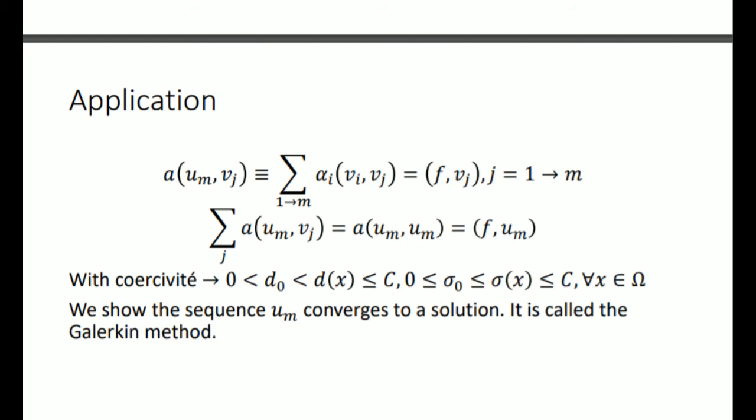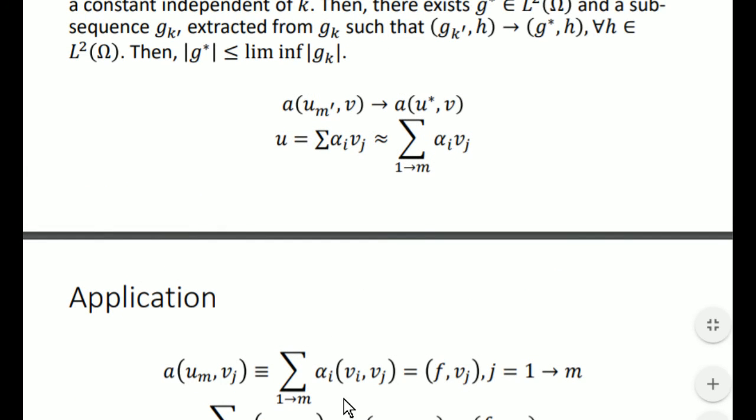Now, here we have our operator A that is now on the function Vj, and we will have a sum of alpha i because of the thing above, and it will be equal to the scalar product between f and vj, for all j from 1 to m, and m will represent our convergence.